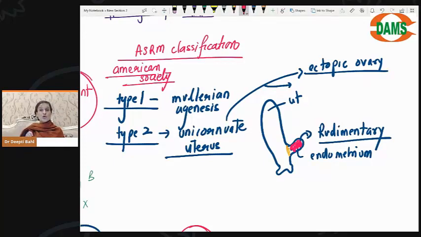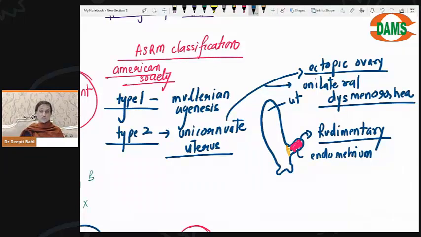So this is a Mullerian anomaly that can cause unilateral dysmenorrhea. When I come to dysmenorrhea, which is painful menses, I will teach you how normal dysmenorrhea is usually midline. It's never towards one side. But in a unicornuate uterus, the pain will be localized to one side.